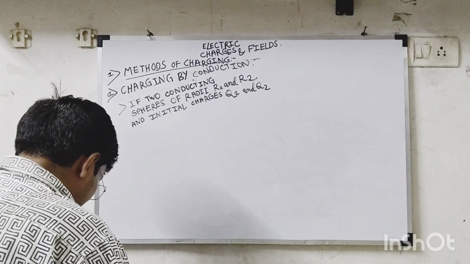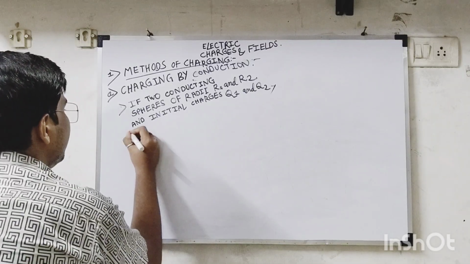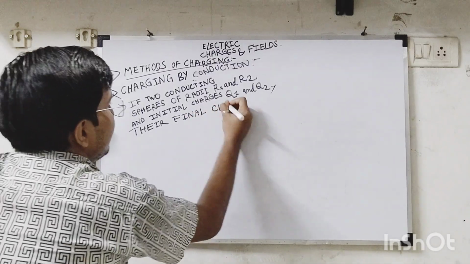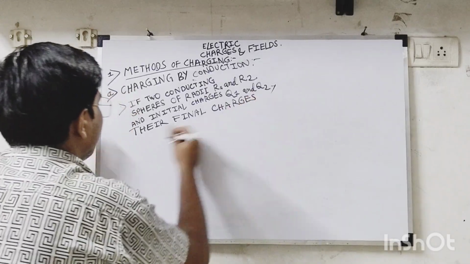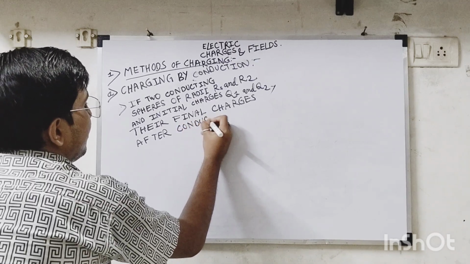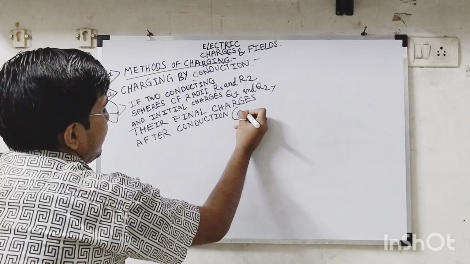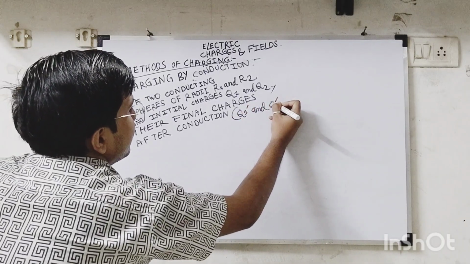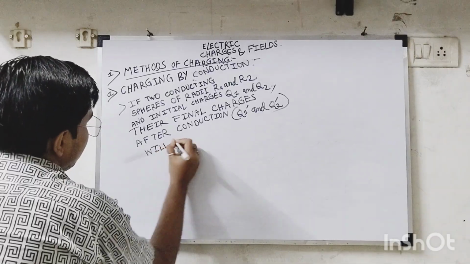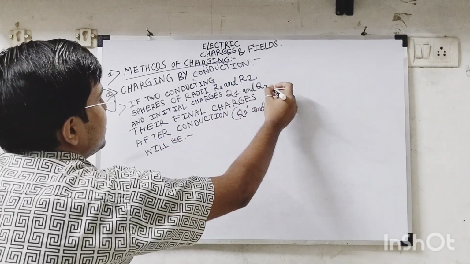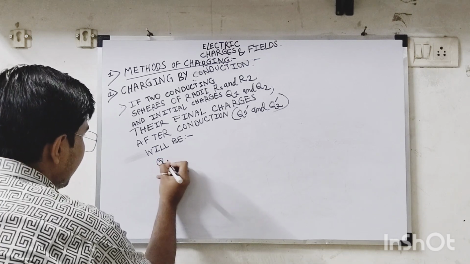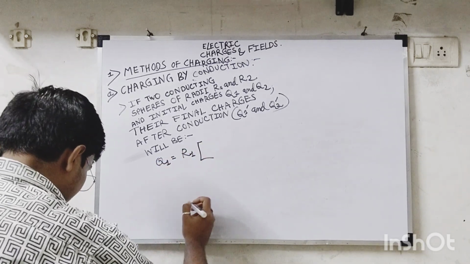Initial charges Q1 and Q2. Then what will happen? Their final charges after conduction, Q1 dash and Q2 dash, will be: Q1 dash by R1 is equal to Q total by R total.